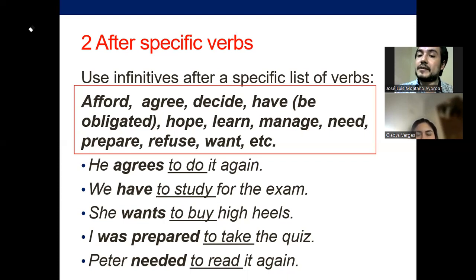So again, they did some things in order to achieve something else. So with that said, what example can you give me, Gladys, using manage? What is something related to that? Or if perhaps it was not clear, you can also ask me if you want.